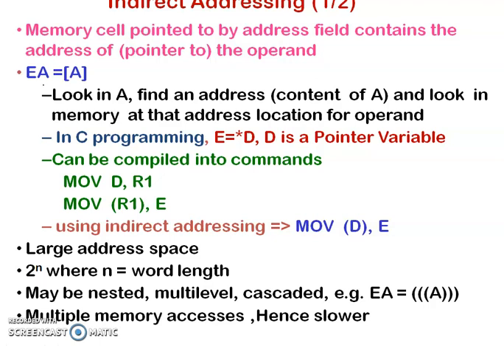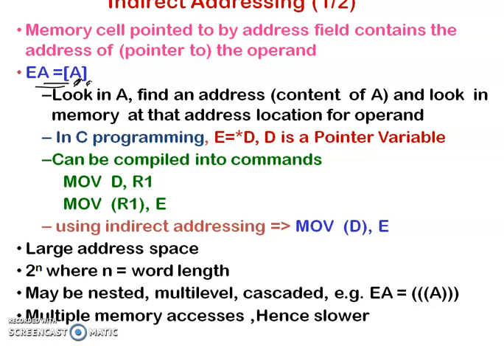In order to compute the effective address, it will be represented like this: EA is equal to (A), within brackets, which means that A will be specified in the instruction, but in this A you will be having an address where the actual value is stored. So you need to specify this bracket, that is, the content of that memory location will be the effective address.